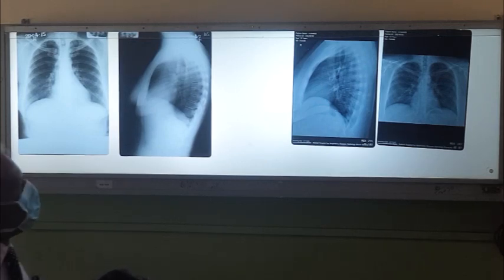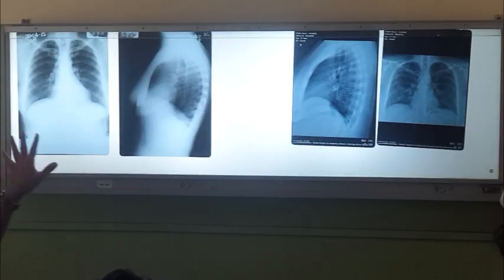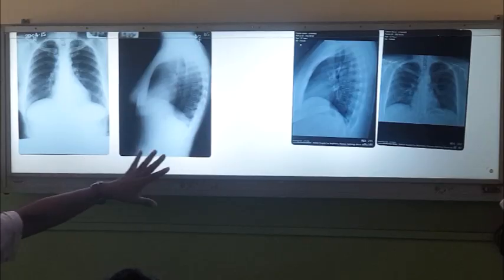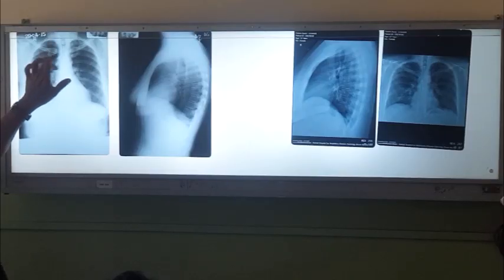Then there are other X-rays that you can do. So this is a PA, this is the lateral. If you have a lesion on the right side, we ask for a right lateral; if the lesion is on the left side, we ask for a left lateral. Then there are other X-rays. If your lung apices are not clear, you can ask for an apical view.